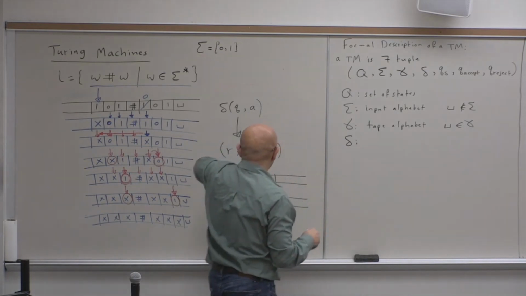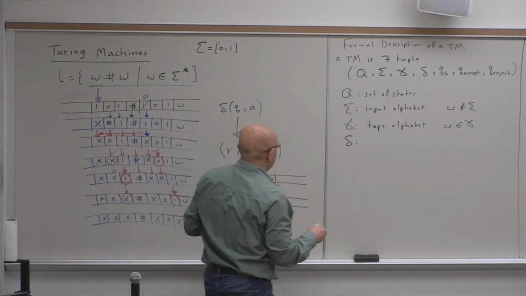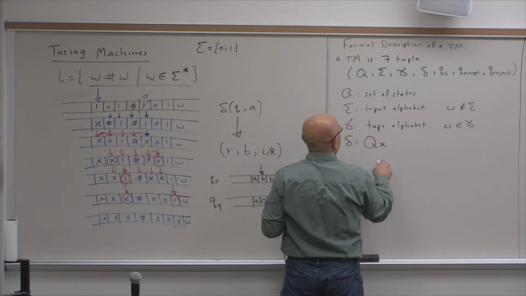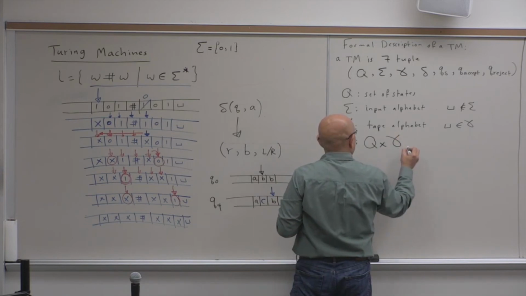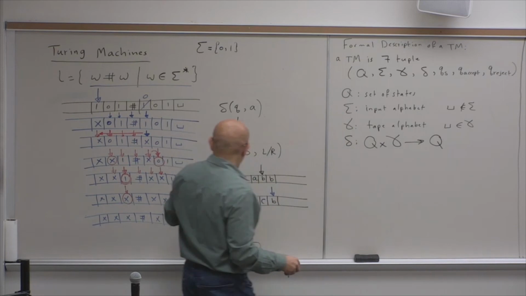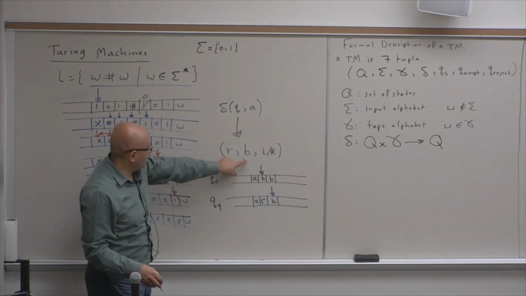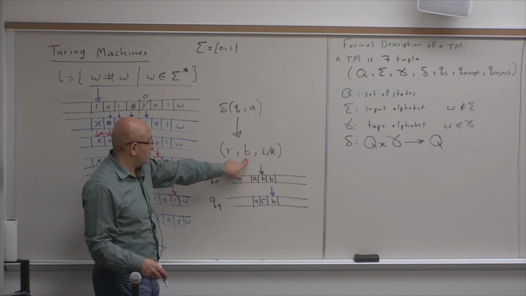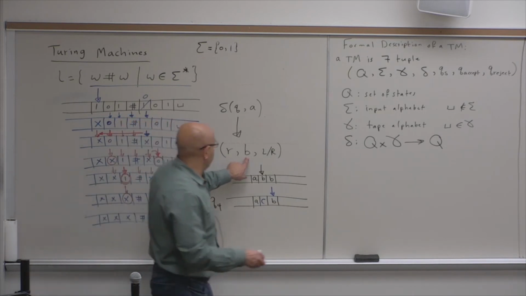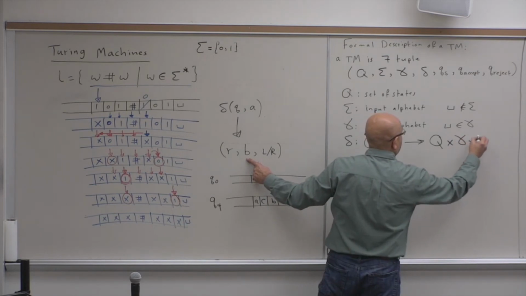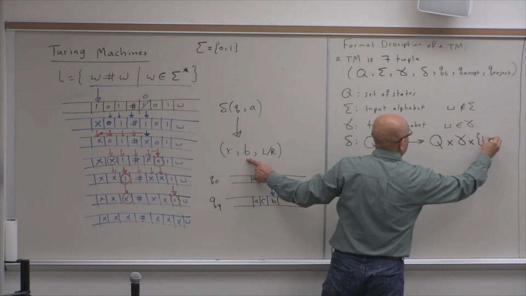The transition function in a Turing machine takes a state and a symbol in the tape alphabet, and it gives you a state, a symbol in the gamma alphabet, and a left or a right.